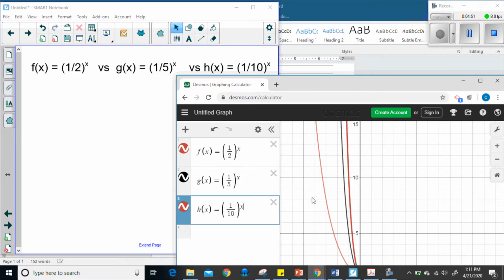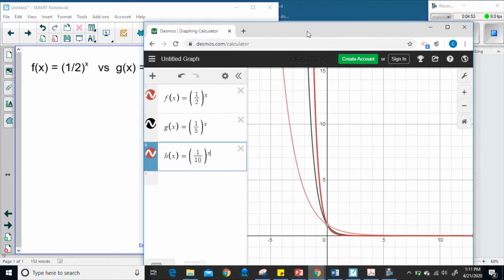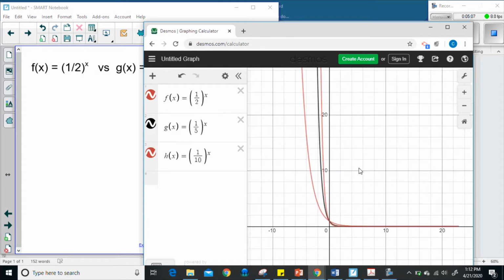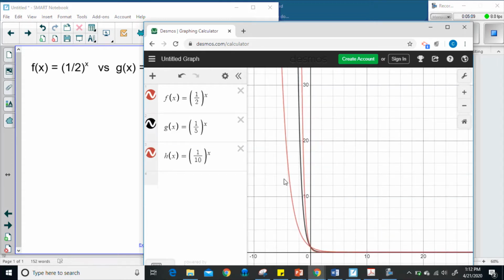And what did we just see happening here? Well, that's interesting. My 1/2 to the x is down here. My 1/5 is steeper. My 1/10 is steeper again. So that's interesting. Notice how they're also now on this side of the y-axis. And instead of going up, we are now going down. Interesting.